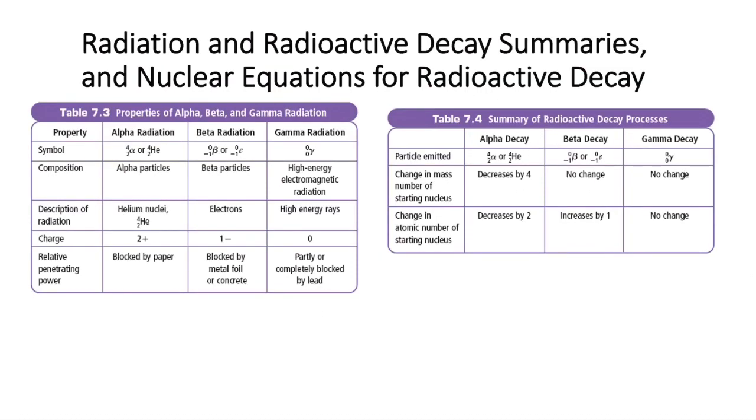So here is a summary of what you've seen thus far. Alpha, beta, and gamma radiation with their various symbols, what they're made up of, and a description of the radiation, the overall charge, and what it takes to stop that particular ray that's being emitted. Looking at the decay process and what it releases and what happens with the charge and mass and atomic number.